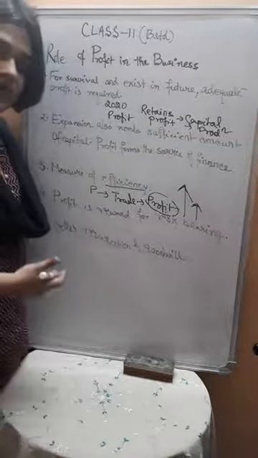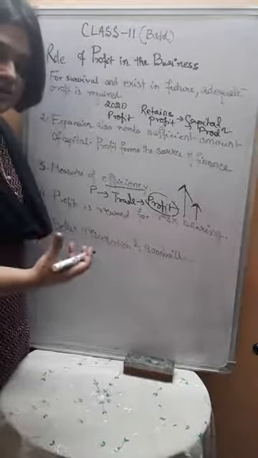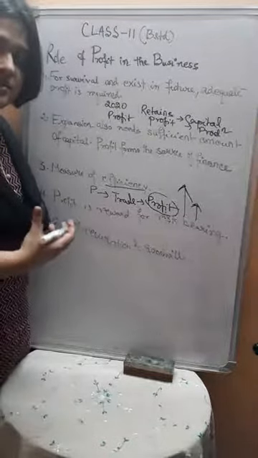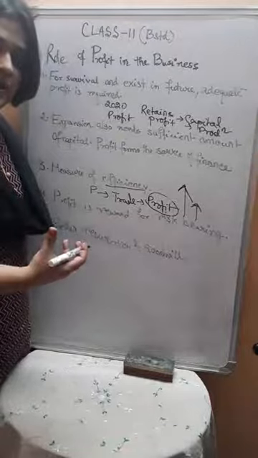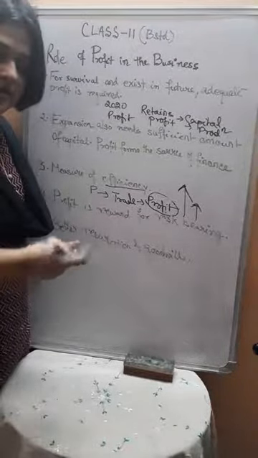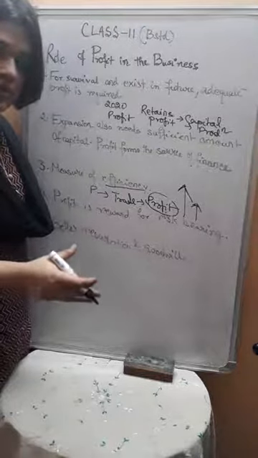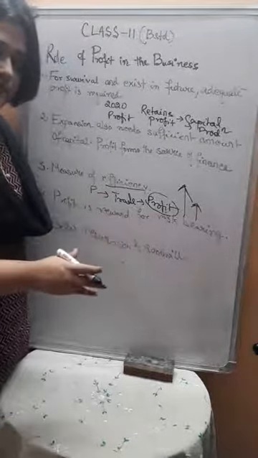Now what I have already said, that a business faces uncertainty. It faces uncertainty means there can be situations where it might end up in losing. So there is a risky thing. Now a salaried employee knows that at the end of the month I will be receiving a specific salary.